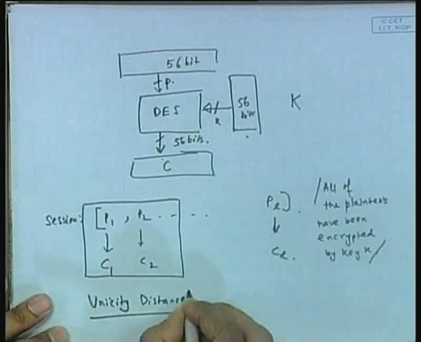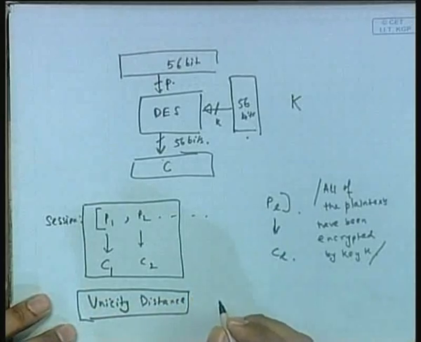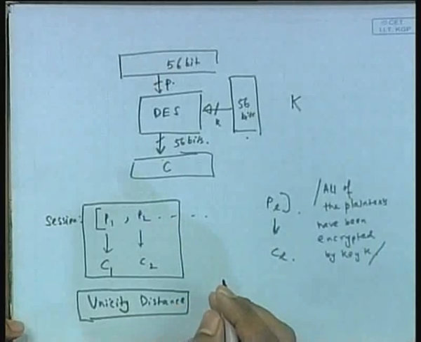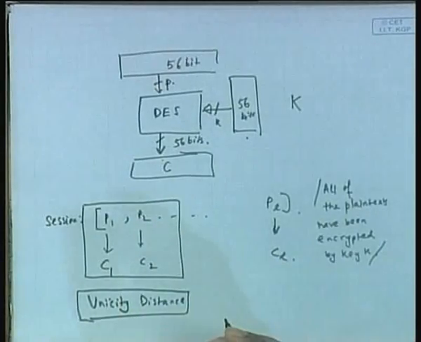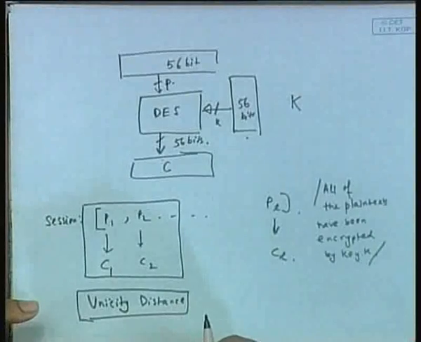Okay. So we will try to see what the unicity distance is in the next day's class, but in today's class I am trying to pose the problem. So what I am trying to conclude from here is that even for DES, AES, although I am saying that it is not perfectly secured and hence can be broken by an unbounded adversary, if you use it within its unicity distance, then even an unbounded adversary cannot break it.